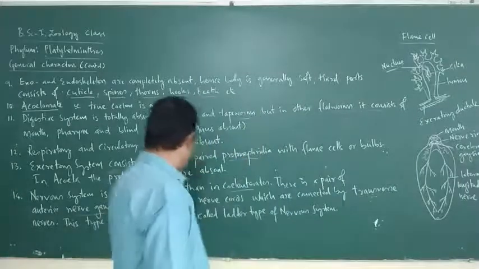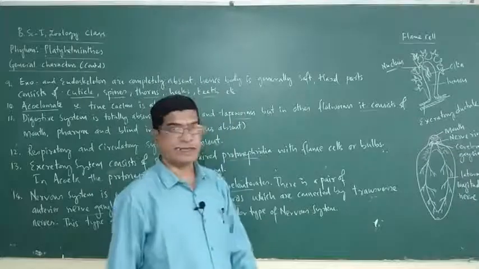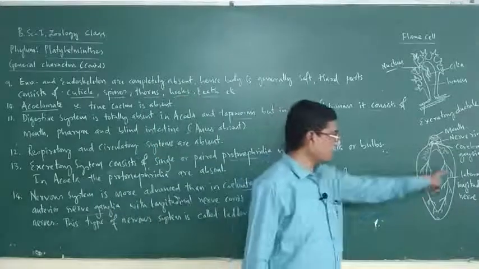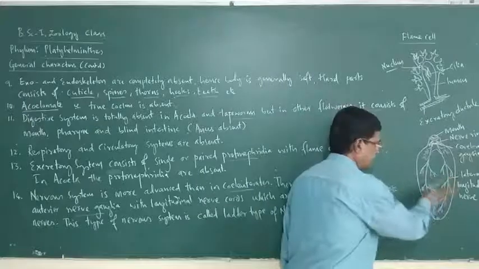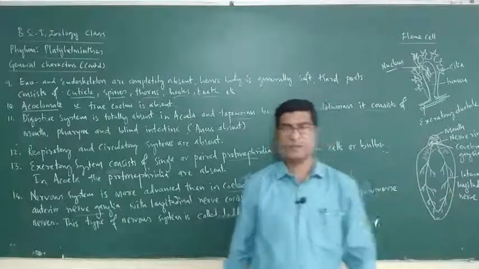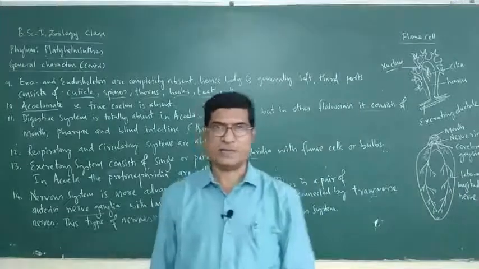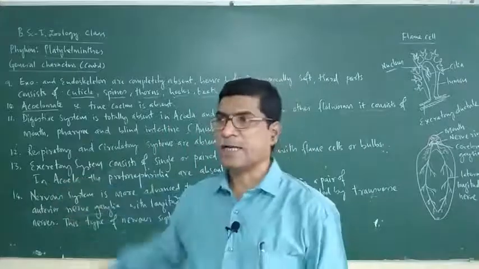This type is called the ladder type of nervous system. Ladder-like nervous system is present in Platyhelminthes. So these are a few general characters.